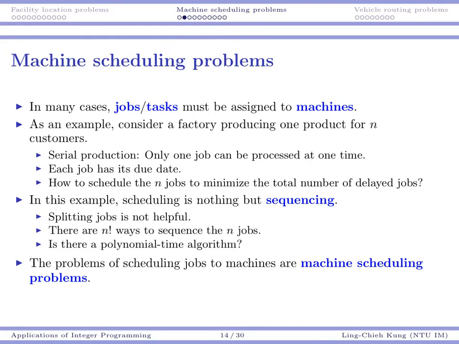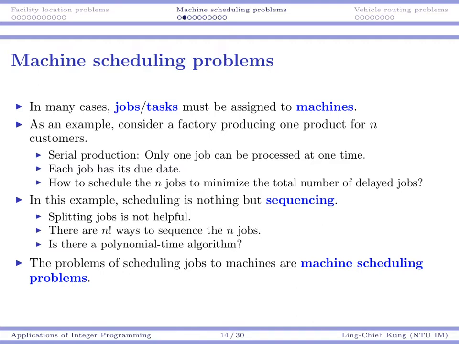In this example, scheduling is nothing but sequencing. Sequencing means you decide the order to work on these jobs. That's because splitting jobs is not very helpful, right? If you start to work on one job, you should try to finish it as soon as possible because you only care about when a job is completed.